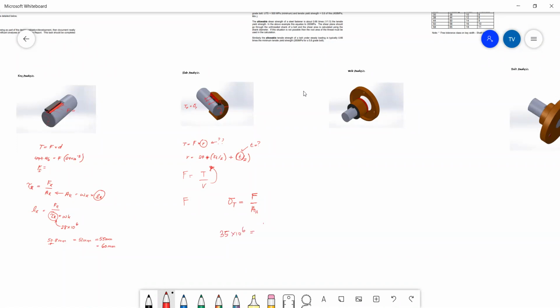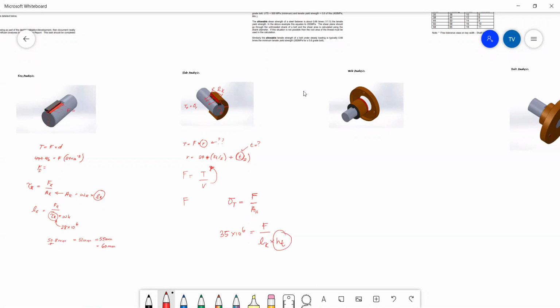35 megapascals is equal to whatever the force is you got here, divided by the area, and the area we have is going to be the length of our key. So this dimension, length of the key, and the thickness here, multiplied by the hub thickness.